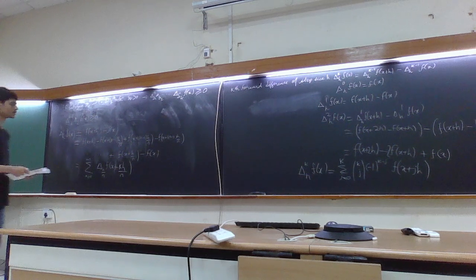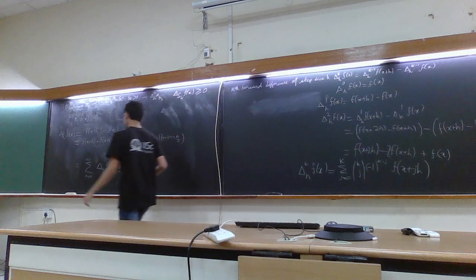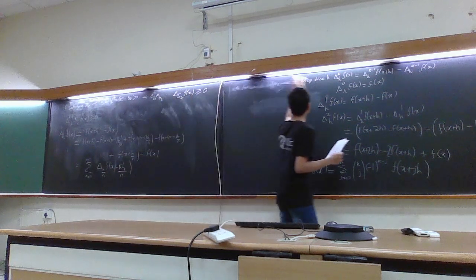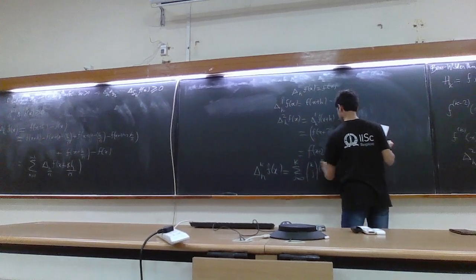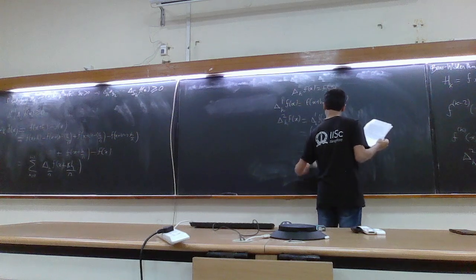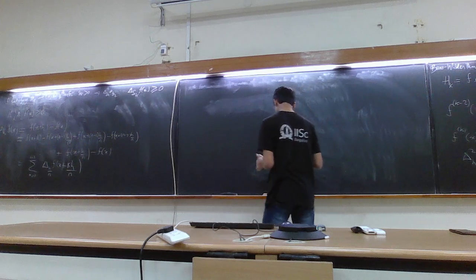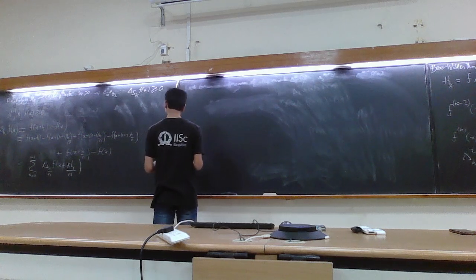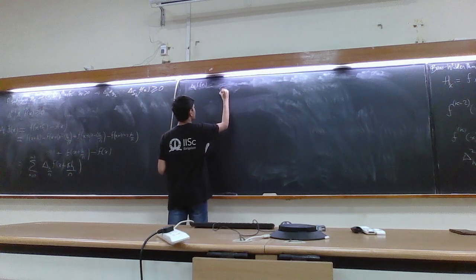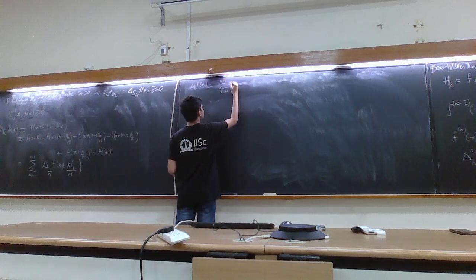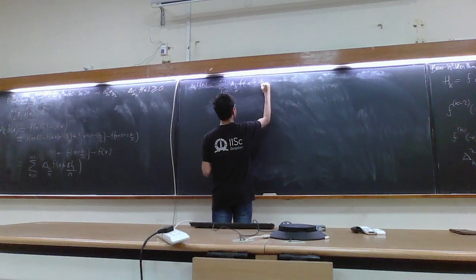And now what we do is, we have delta h f of x equal to the sum over i equal to 0 to n minus 1 of delta h upon n f of x plus i times h upon n.